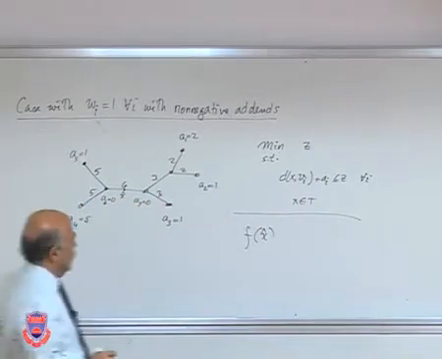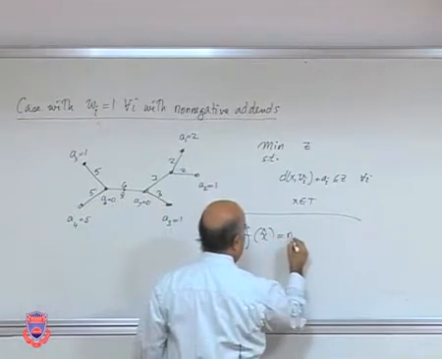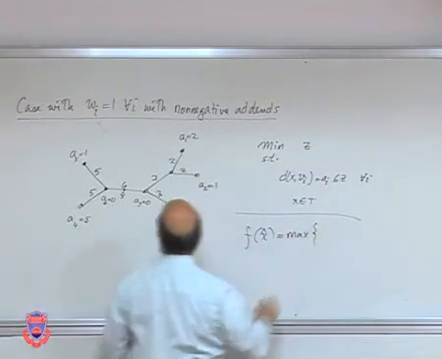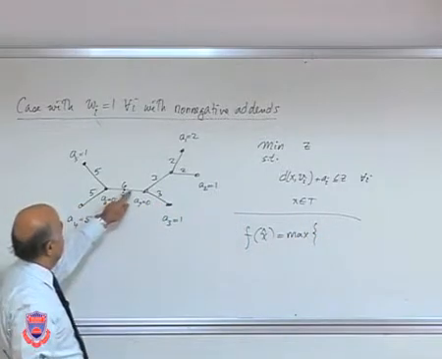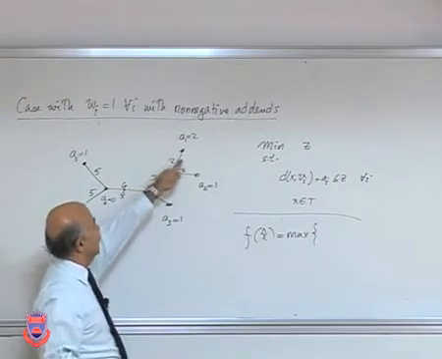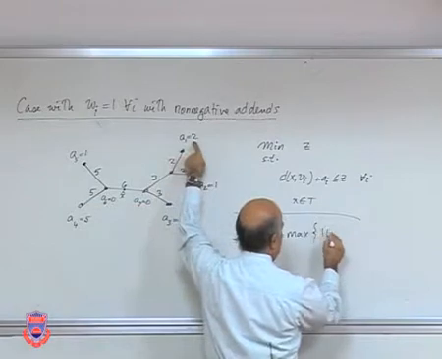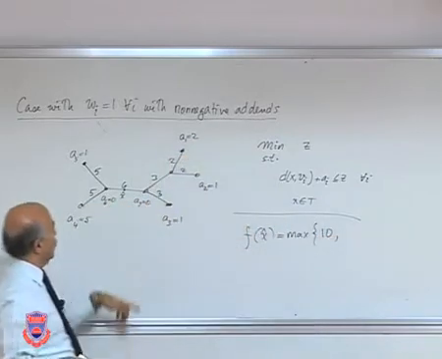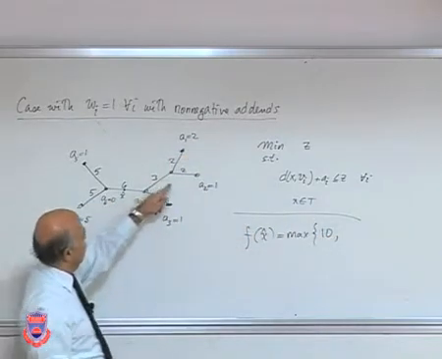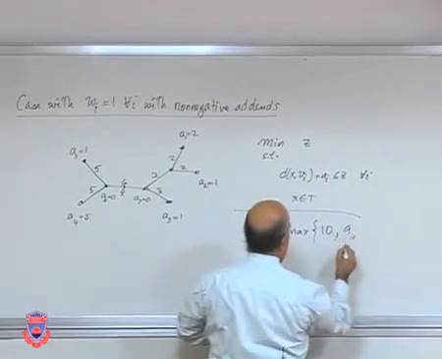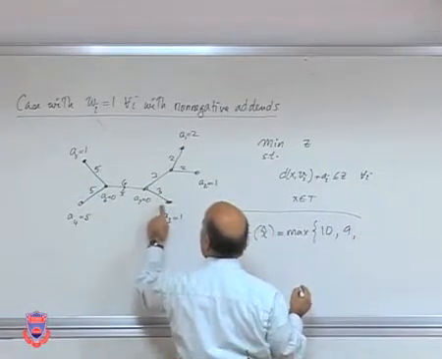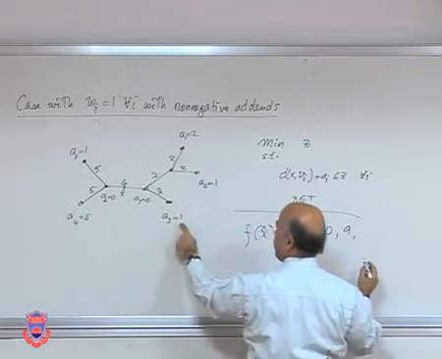In that case, it would be the maximum of a bunch of numbers. The first one is 3, 6, plus 2 is 8, plus 2 is 10. The second one would be how much? 9. What's the third one? 9 plus 1 is 10.